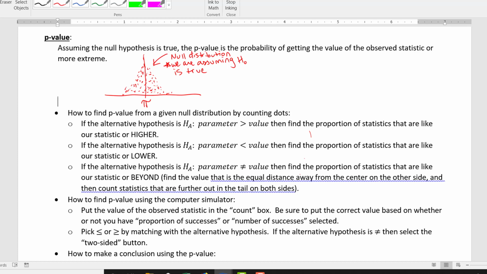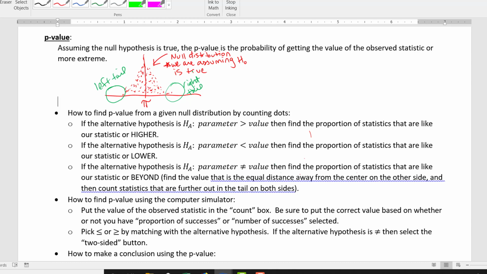So far in the course, we've been a little wishy-washy about it. We've said if your statistic turns out to be up here in this area where there are not many dots, or there are no dots, or if your sample statistic comes out down here in this area where there are no sample statistics, or just a couple dots, then if it comes out in one of those tails, the left tail or the right tail, you conclude that you have a lot of evidence against the null hypothesis.